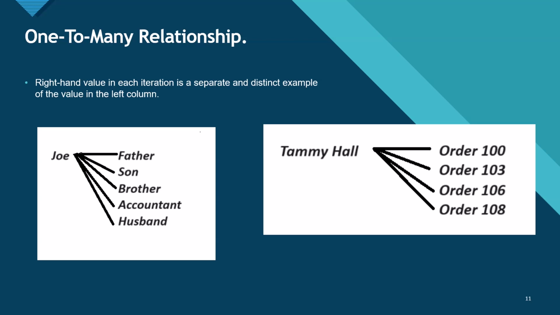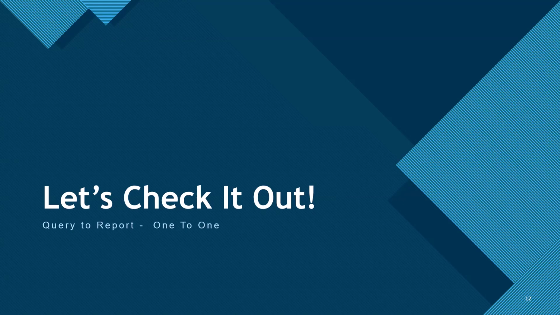Joe has different roles as a person, and each one of those roles is distinct from the others. And you organize data in queries by lining up the unique values, and then lining up the many side of the relationship dependent on the unique value.